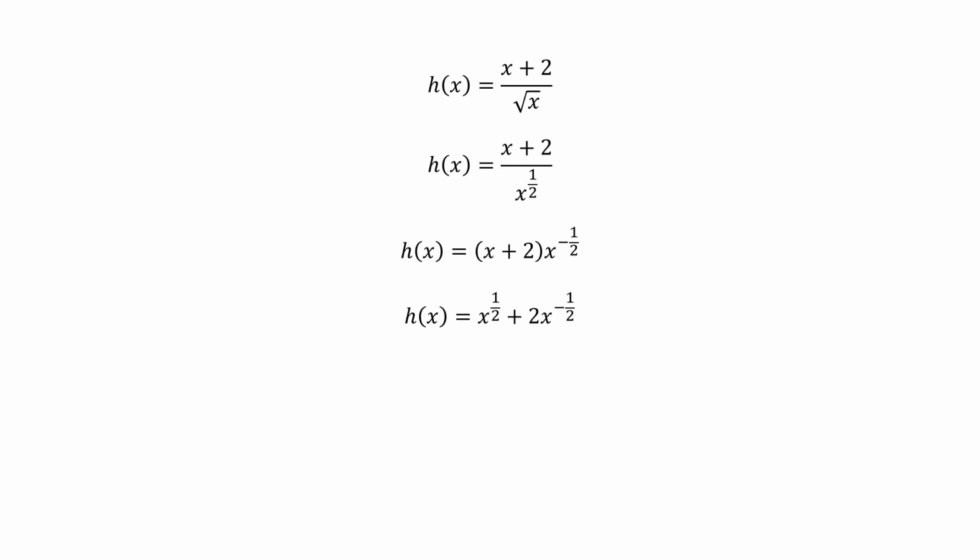We are now ready to differentiate this function. To begin, we notice that our function is the sum of two simpler functions, so we use the sum rule to obtain h prime of x equals (x to the 1/2) prime plus (2x to the minus 1/2) prime.